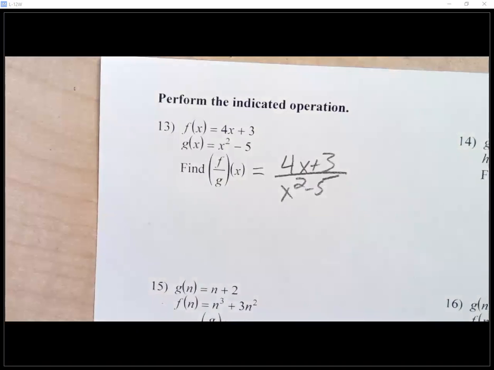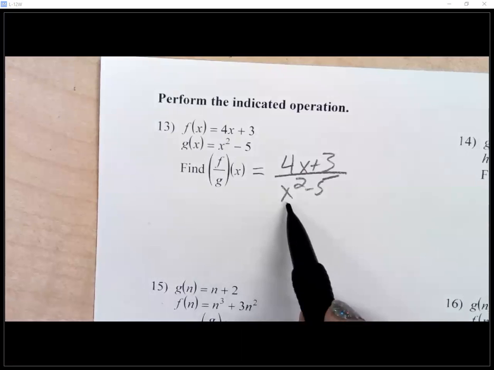We will eventually be talking about the restrictions on the variables. So for example, what are you never allowed to have in a denominator? What's the number that you can't have in the denominator, otherwise like the world implodes? 0, right? You can't have a 0 in the denominator. So isn't there a value that would get me a 0 in the denominator right there?